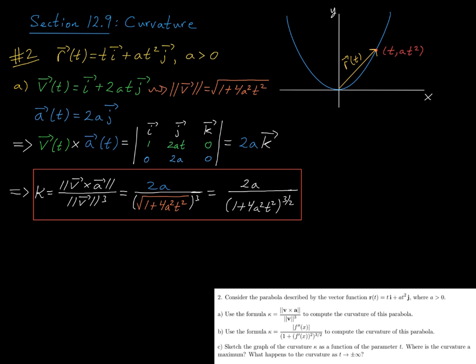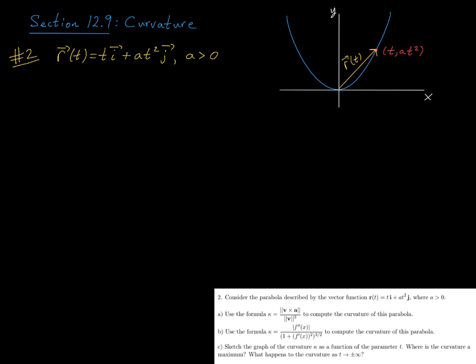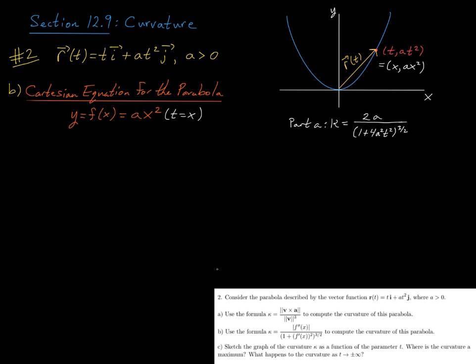All right, great. Now let's look at part B. It says to use the formula kappa equals the absolute value of f double prime of x divided by the expression 1 plus f prime of x squared, all raised to the 3/2 power, to compute the curvature of this parabola. We recognize this formula as the formula for curvature when dealing with a curve in the xy plane that's described by the equation y equals f of x.